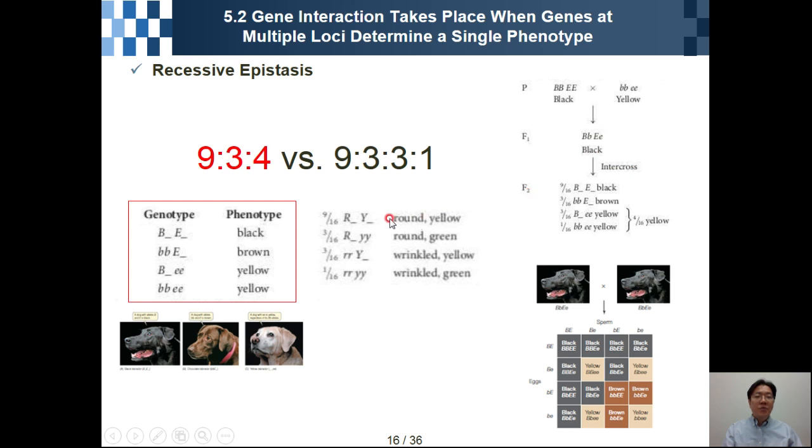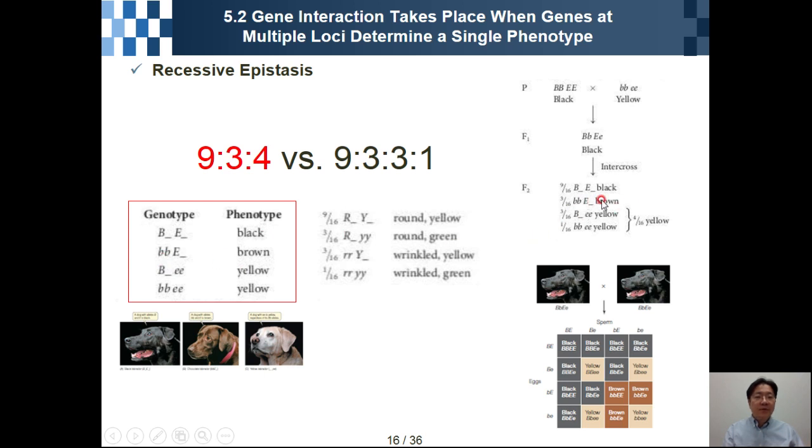The ratio will be 9 to 3 to 3 to 1. This one can go here, 9 to 3 to 3, or this one can go here, 3 to 1. In this case, large B, large E will encode the black color. How about small bb, large E?